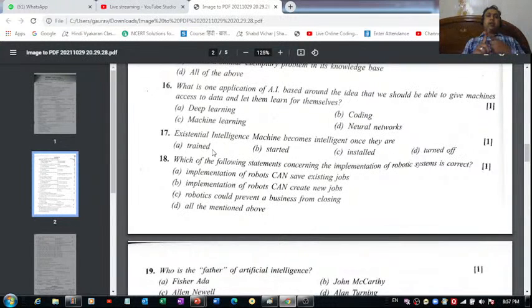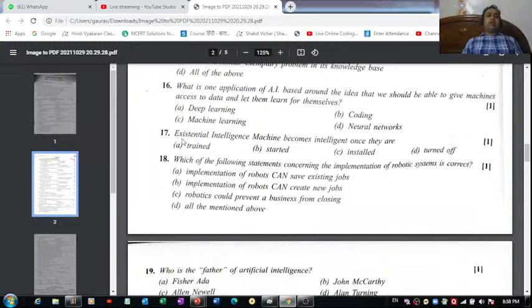So everything is required for the machine to come to a decision and give us some output. Now, all these things come under which category? They come under the category of machine learning. What is being done here? The machine is learning from the environment, from the data which is present in the environment in which it has been deployed. So the correct answer of this is part C.